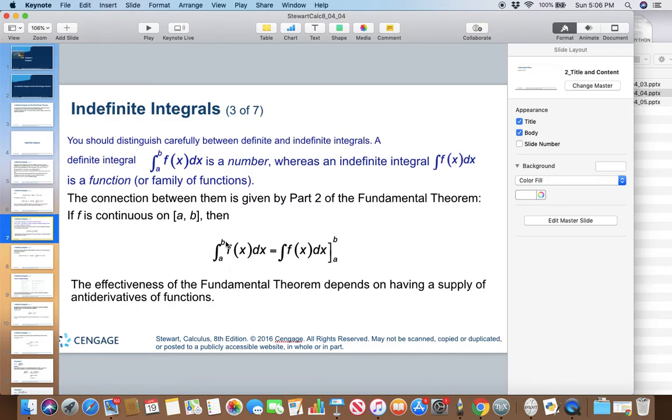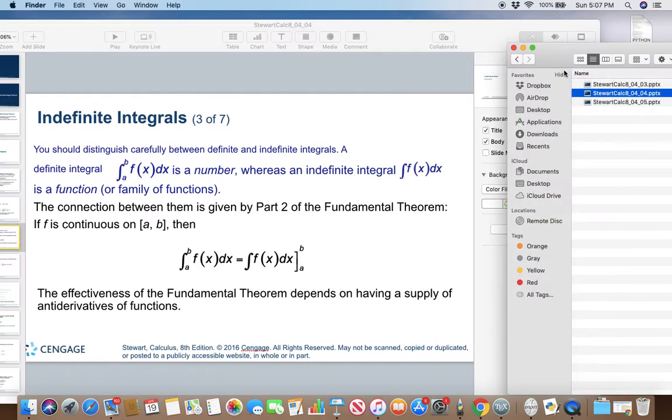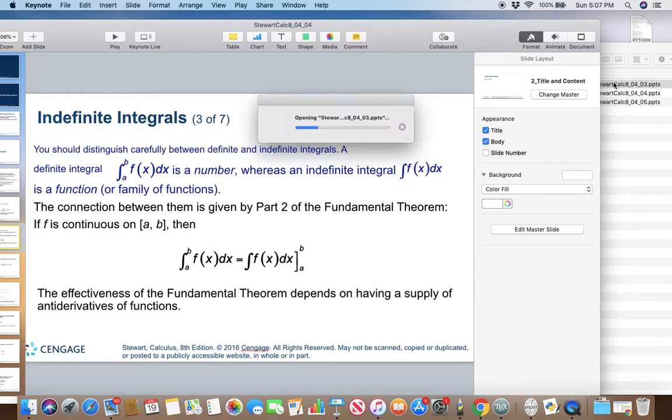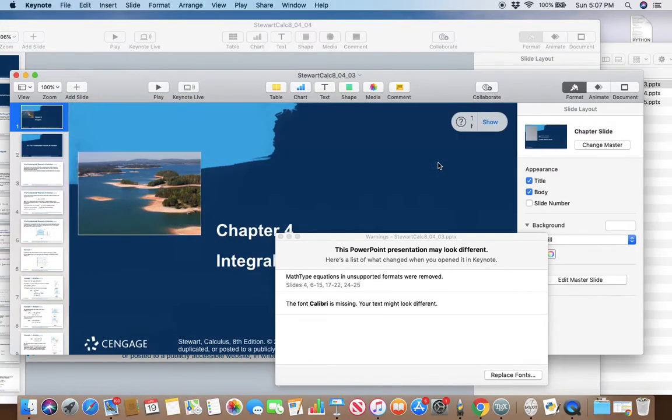The definite integral a to b of f(x) dx is, well, you find an antiderivative, evaluate it at b minus evaluate it at a. That's what this symbol means. Find the antiderivative, evaluate it at the higher limit minus evaluate it at the lower limit. So instead of, let's go back to our previous slide, section 4.3.